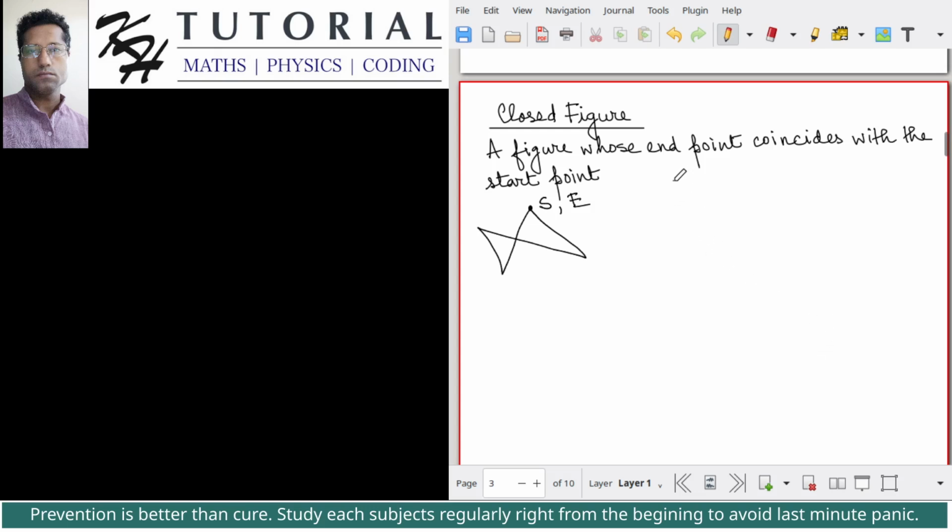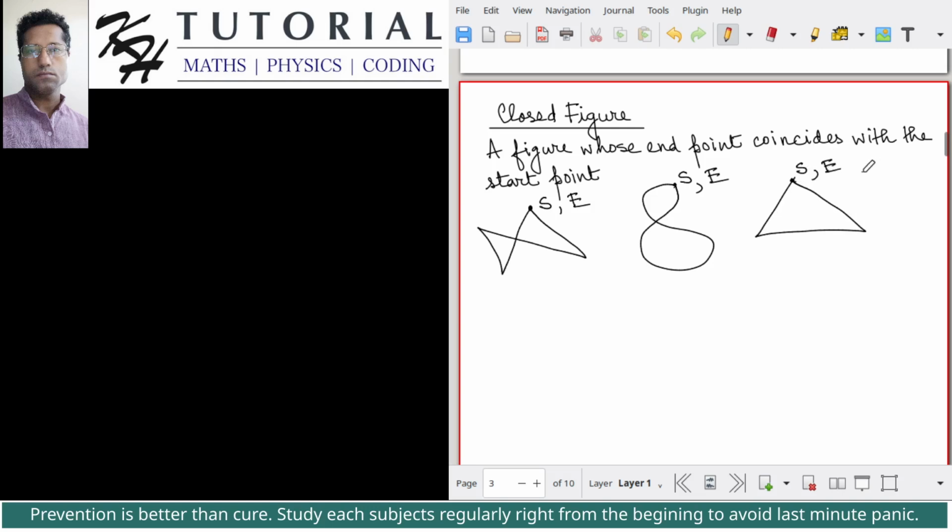For example, let's say this is the start point. I will start from this point, I will draw a figure, and I will also end at this point. So this is a closed figure. Some more examples: this is a closed figure.